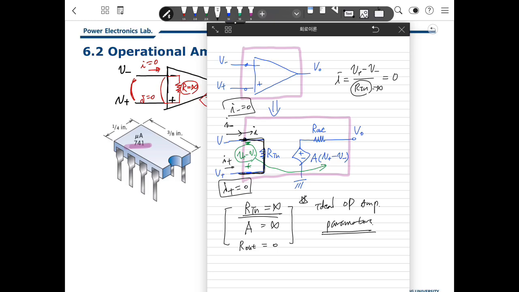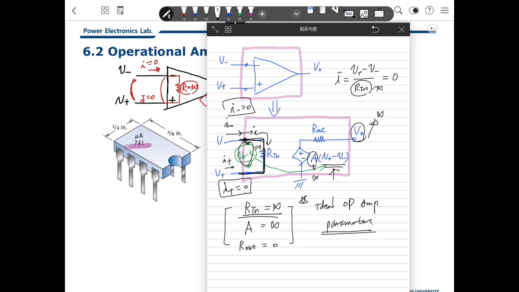Because this current is 0, the voltage difference is always 0. Why? Because A is infinite. If there are some values, that means Vout will be infinite.